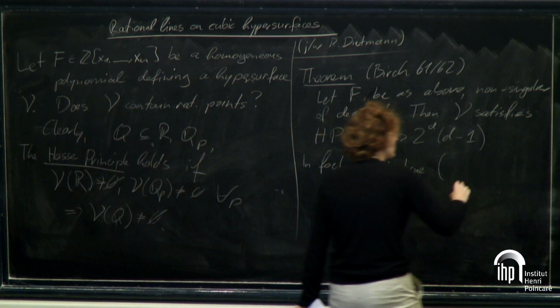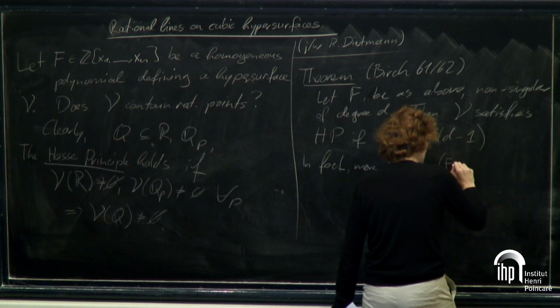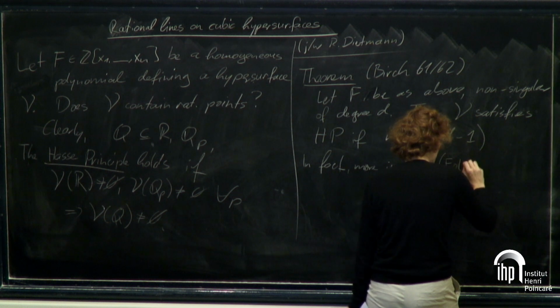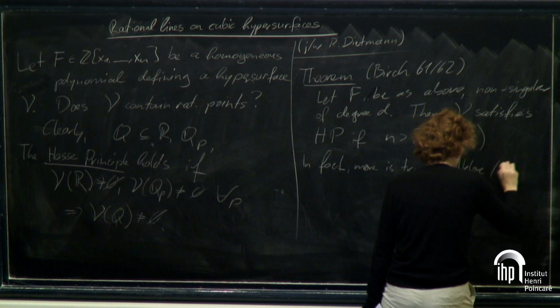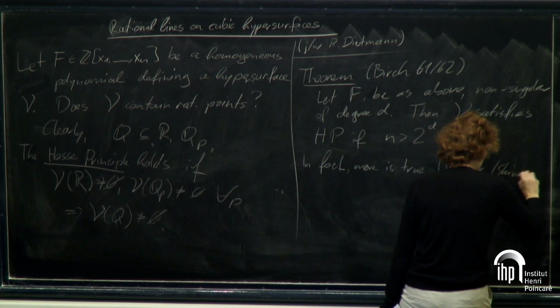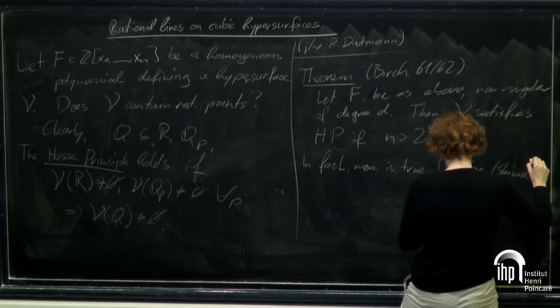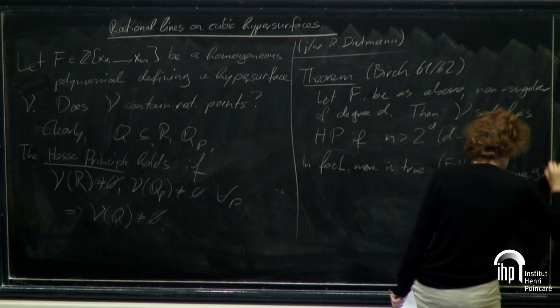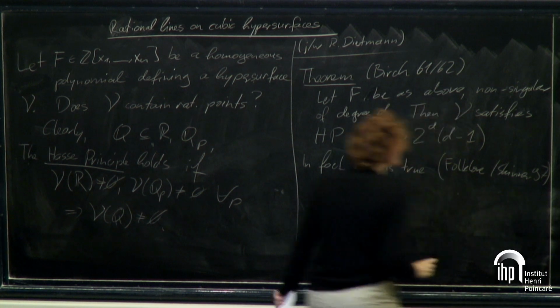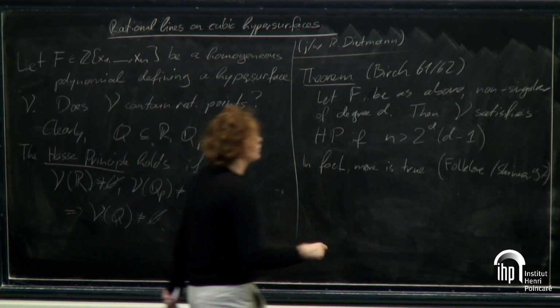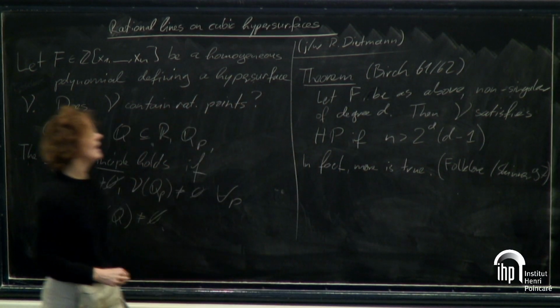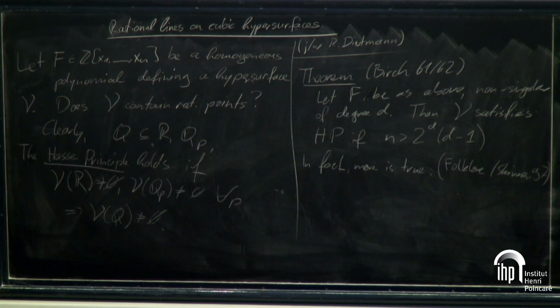I think the first person to write it down was Christopher Skinner, but I'll write folklore because it was known before. And that's that under the conditions of Birch's theorem, we actually have weak approximation.